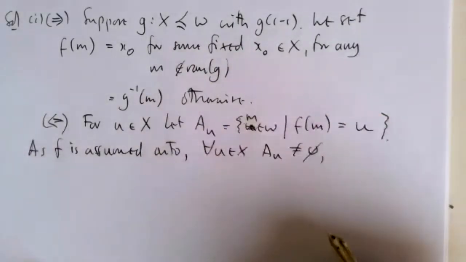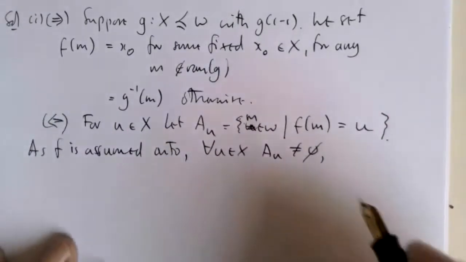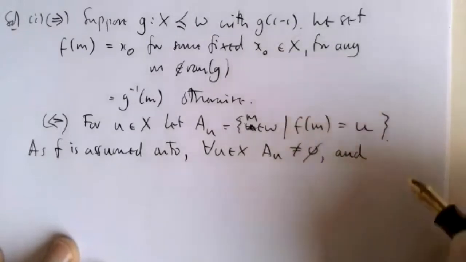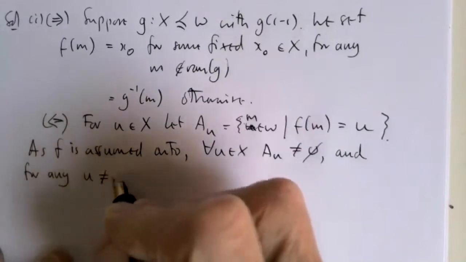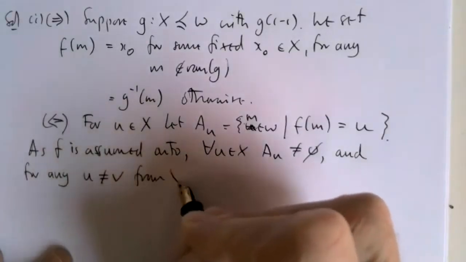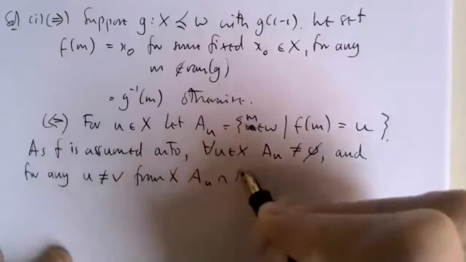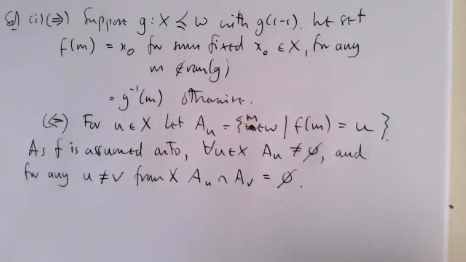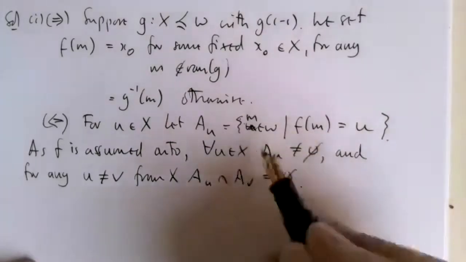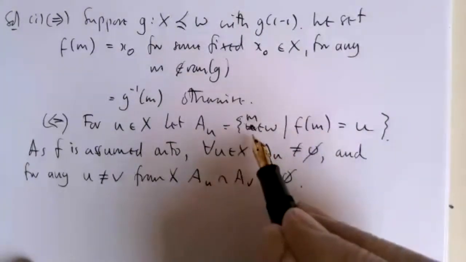And for different things, A of u and A of v are disjoint. So now all I have to do is use the fact that these are numbers and we've got a well ordering for them.